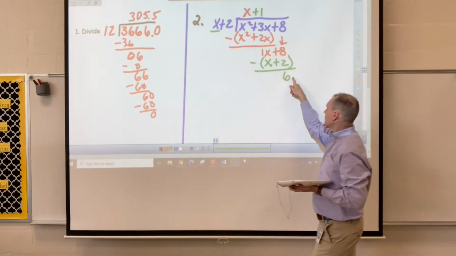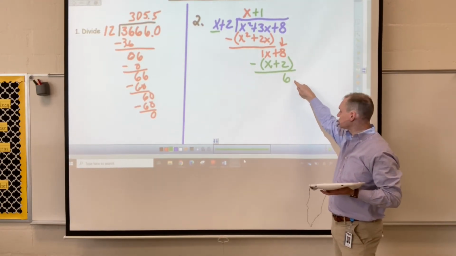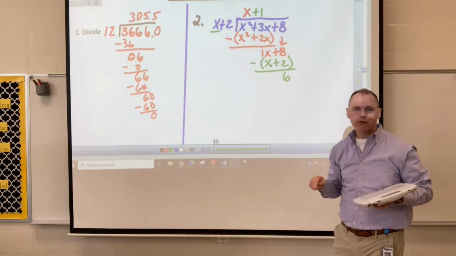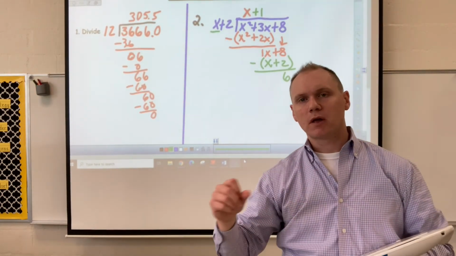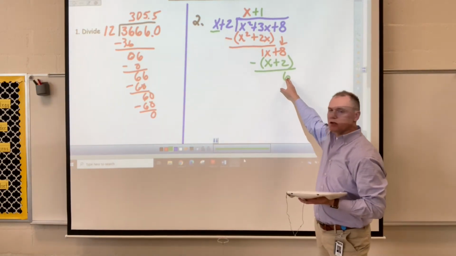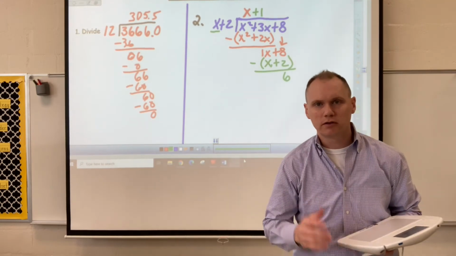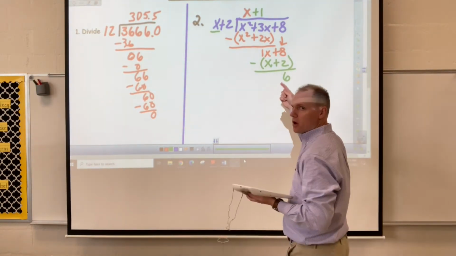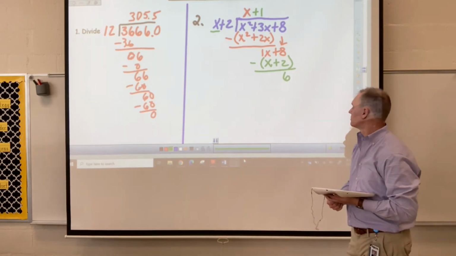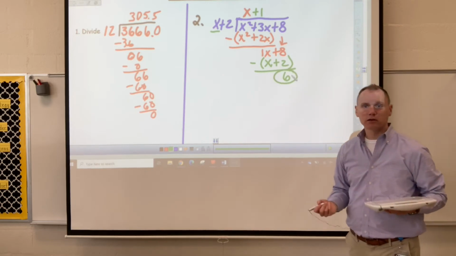Well, the highest power of x here is 0, right? We essentially have an x to the 0 out here, if you want to think about it that way. So anytime you're left with a result down here that's got a degree less than the divisor, that's when you're going to stop. Okay? So you keep going until that happens. So when that happens, this down here is our remainder.